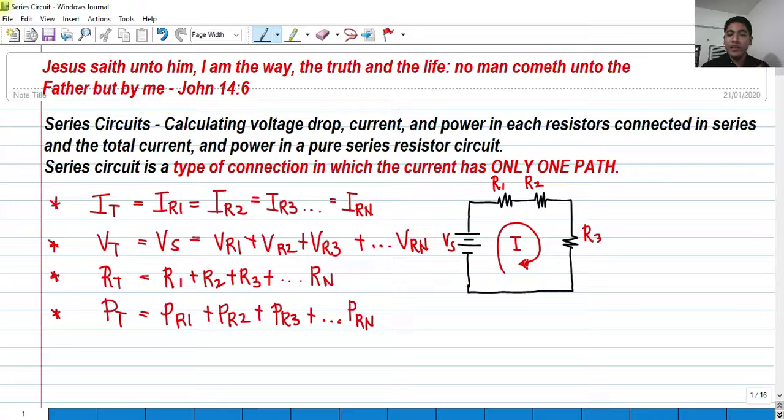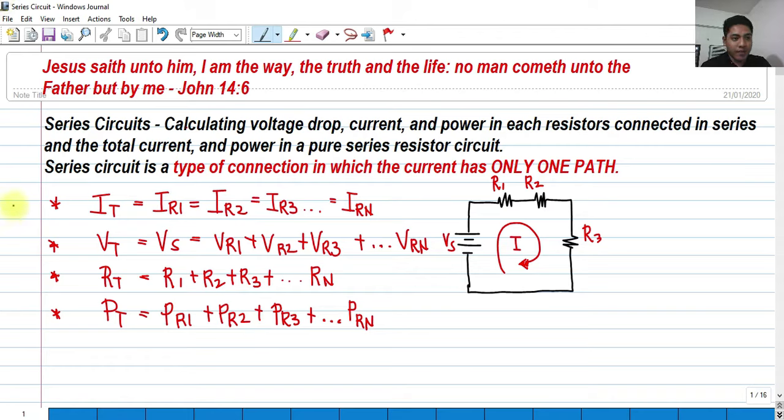Now, in a series connection, we have to familiarize ourselves with the relationship of the current, the voltage, how to get the total resistance of a series circuit. Well, we know that we simply add them if they are connected in series, and the total power of the circuit.